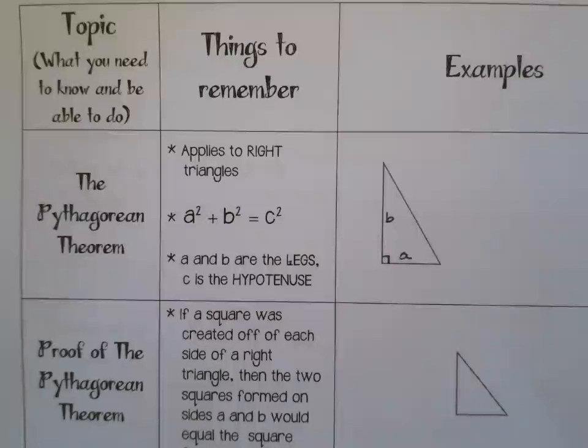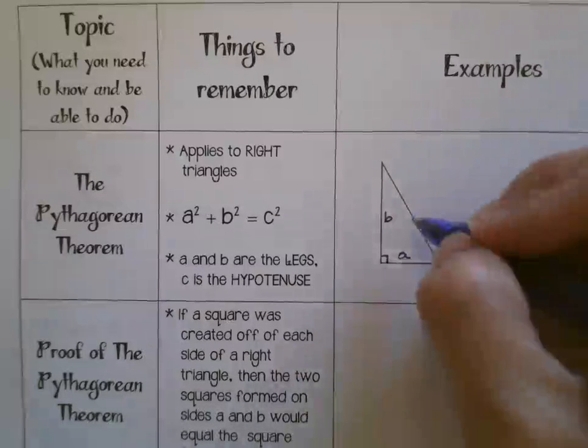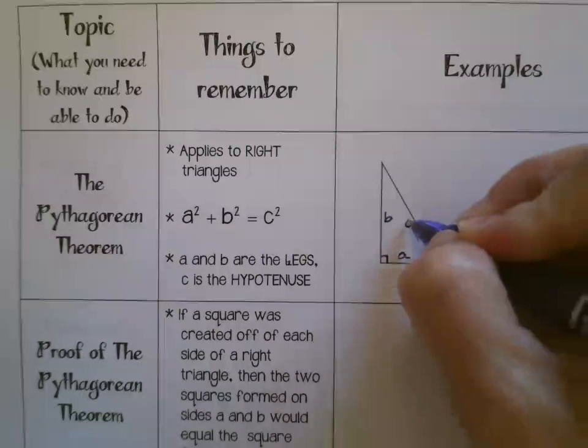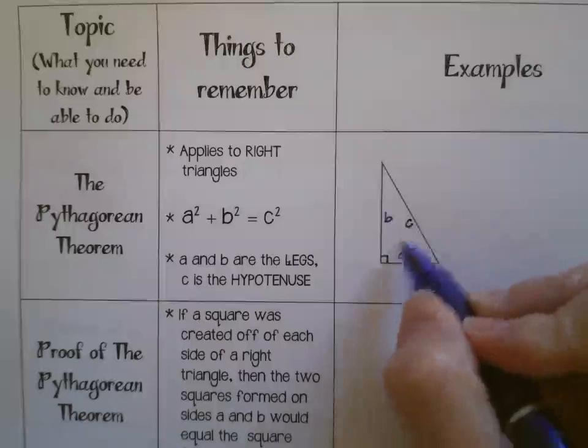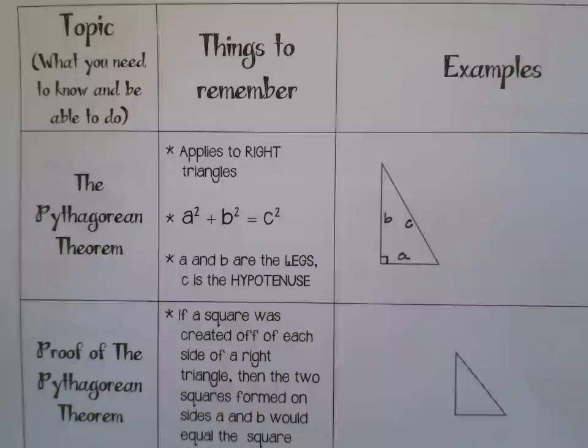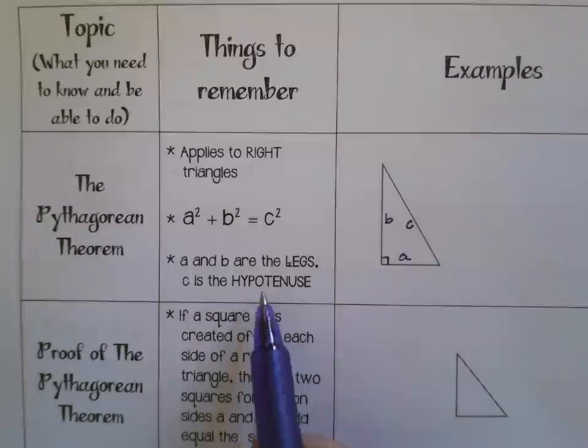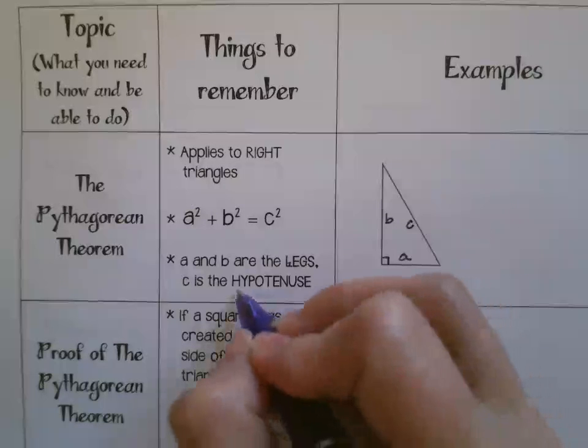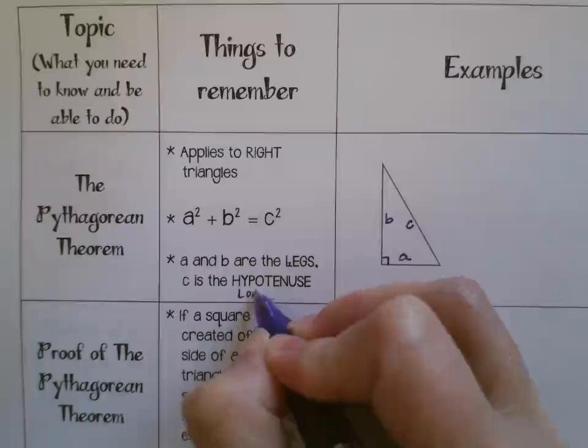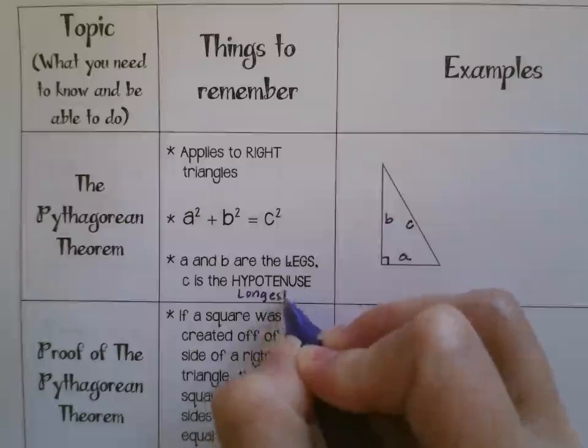It really doesn't matter which one's a and which one's b, but those are the two sides that make up the legs. The side called c is the one across from the right angle, and that's known as the hypotenuse, which in a right triangle is always the longest side.